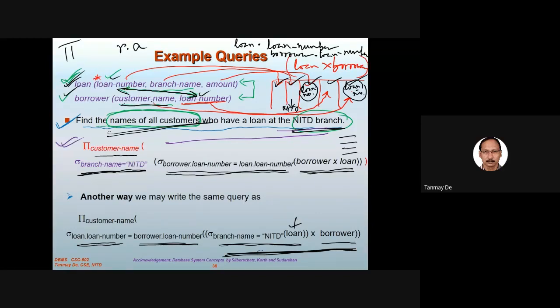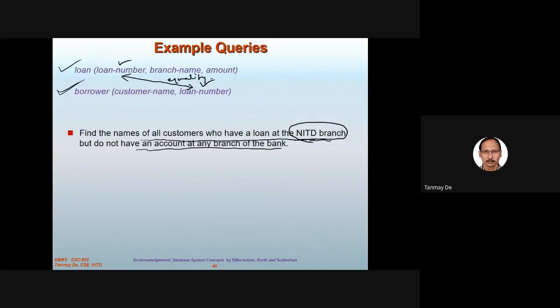So for this query, we first get the list of customers who have a loan at the NIT Durgapur branch. Okay, that is the logic, the list of customers who have a loan at NIT Durgapur.